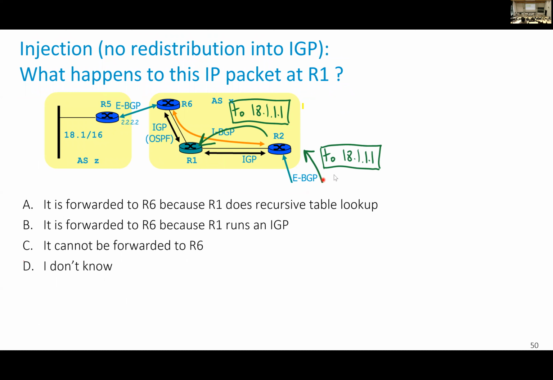Now this packet will reach R1, and the next question is, what happens to this IP packet when it is processed by R1? And that's the topic of the quiz. That should be open now. Right, do you see the quiz open?